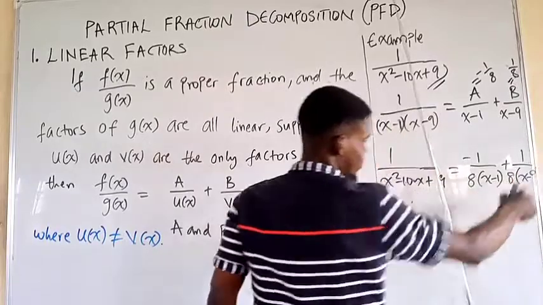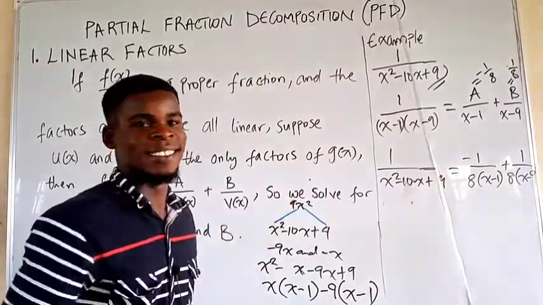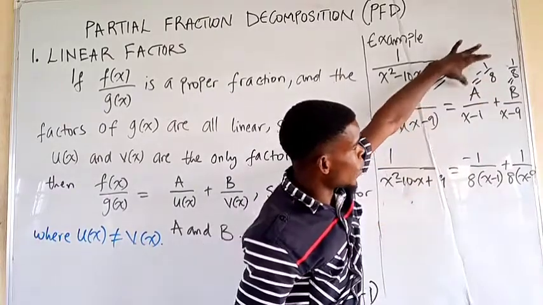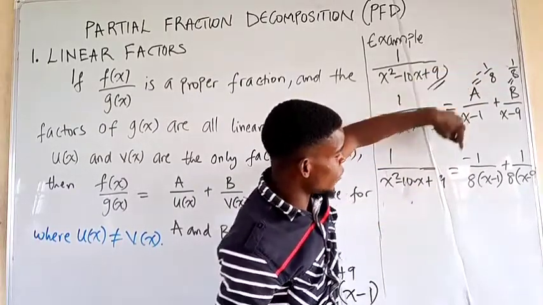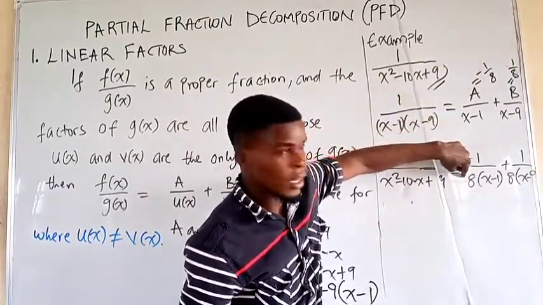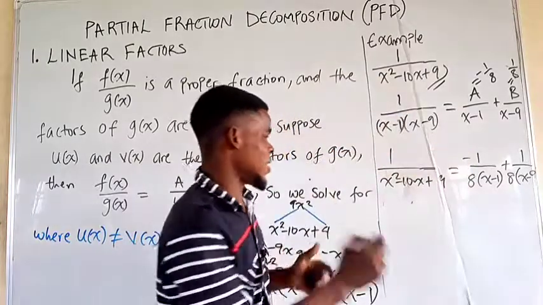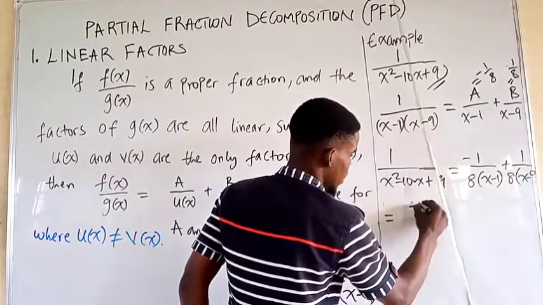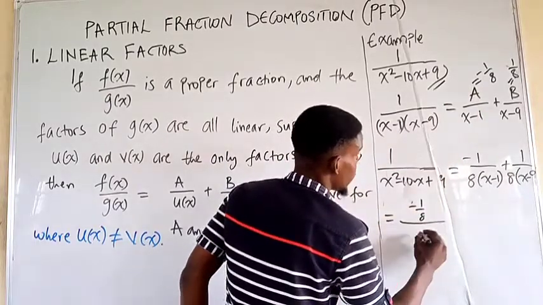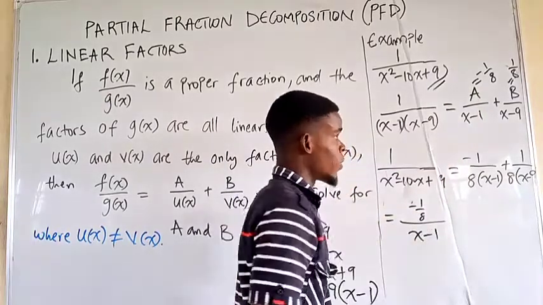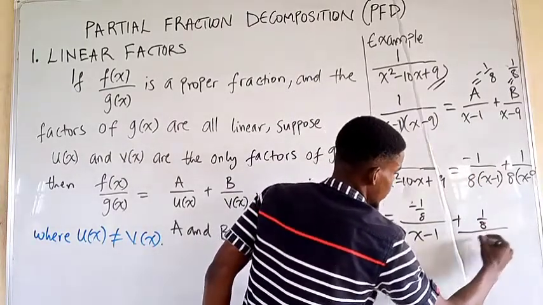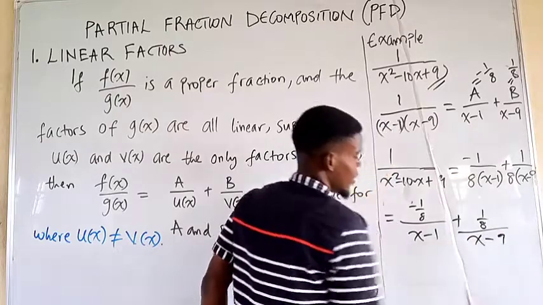So you just substitute it backwards. Let me take it step by step. In place of a, I will put negative 1 over 8. Then I divide it by x minus 1. I add it with, in place of b, positive 1 over 8, and I divide it by x minus 9.